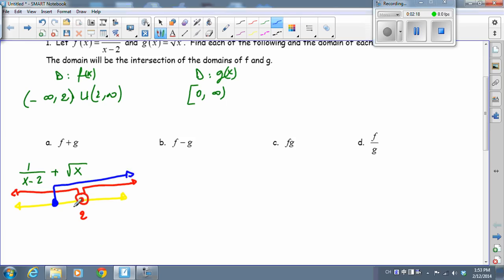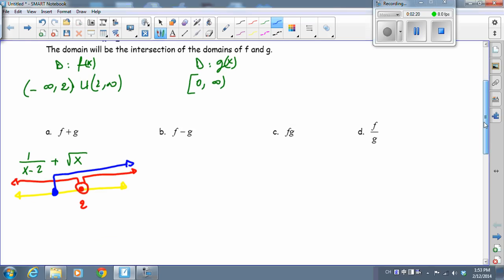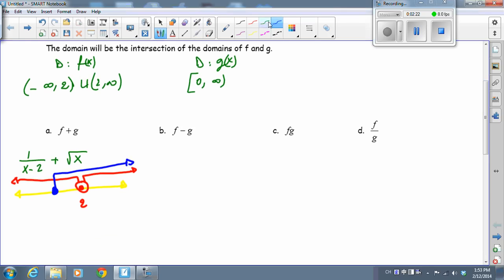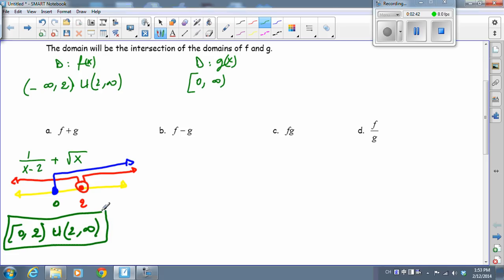The intersection where we have both blue and red will therefore be from 0 all the way till 2, bracket at 0, parenthesis at 2, union, because it's not included at 2 for the red one, union 2 till infinity. And this one will be the domain of f plus g of x. Let's do the same thing for f minus g of x. I will have 1 over x minus 2 minus square root of x.